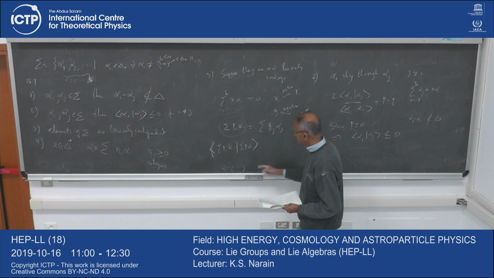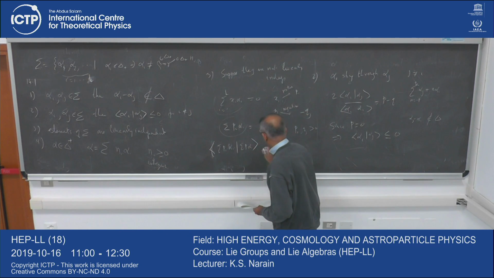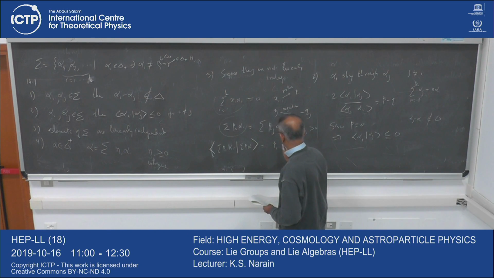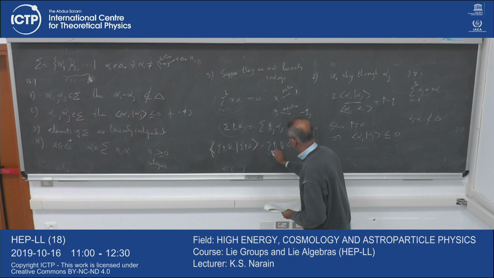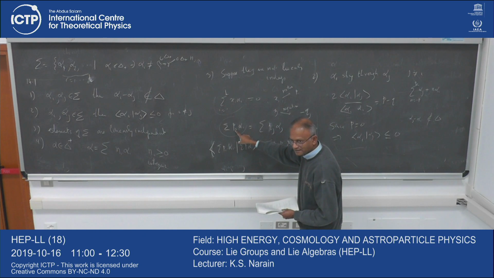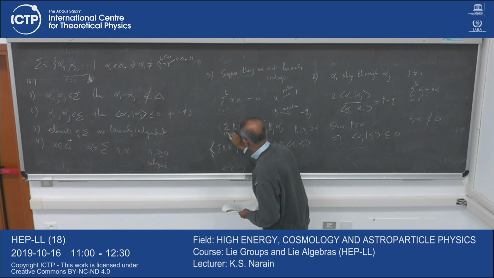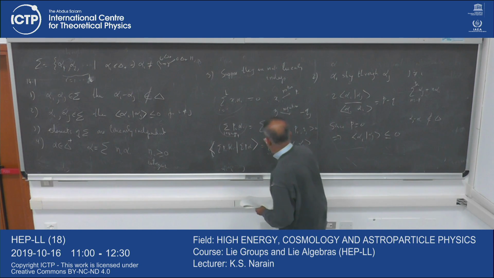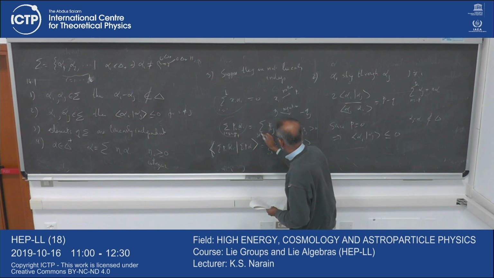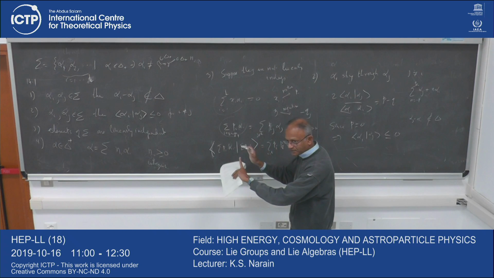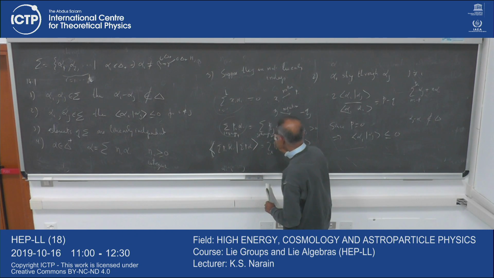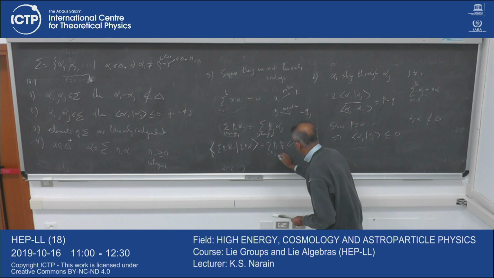By linearity, this is the same as sum of pi pl alpha i alpha l, where i and l run over range 1, and j belongs to range 2. These are two exclusive ranges, and there is no overlap between them. So both i and l are in range 1.